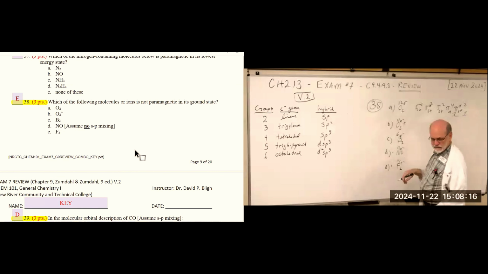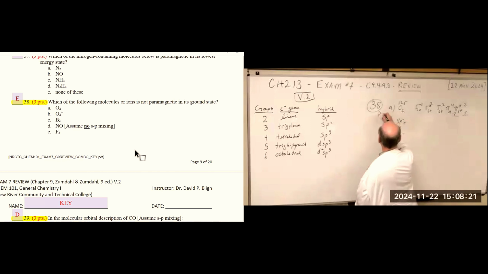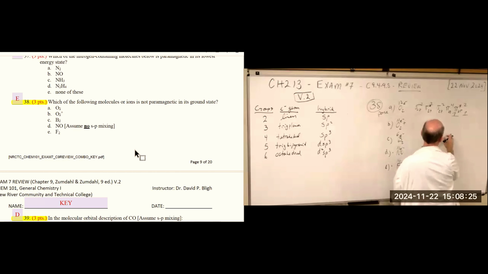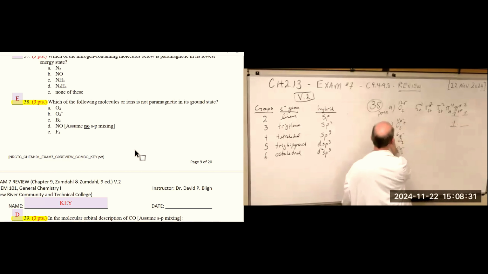So that was paramagnetic. Is that the question? Which following is not paramagnetic? So that's paramagnetic. If we subtract one of these electrons, it's coming from here, right? So you only have 1 there. This is also paramagnetic because it has 1 unpaired electron.